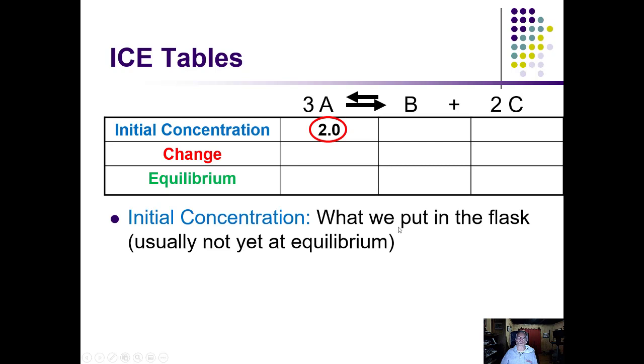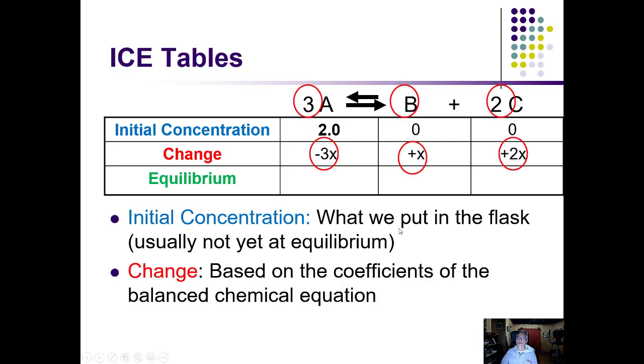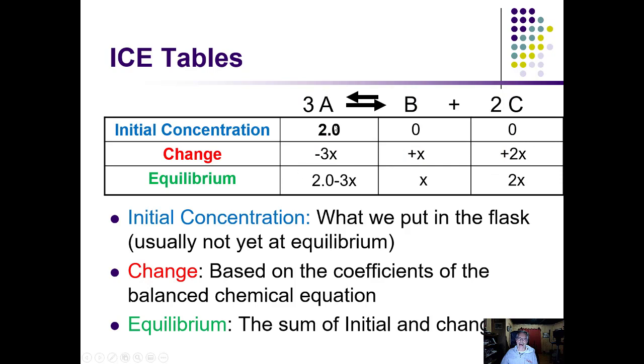We have the initial concentration 2, the 0 concentration for both products, and then minus 3X, plus X, plus 2X, and then we simply add the initial line to the change to get the equilibrium concentration. It's just a sum of the initial plus the change to get, in each case, the equilibrium concentrations.